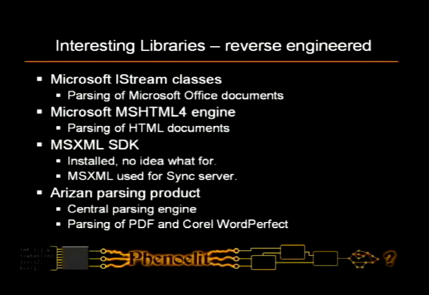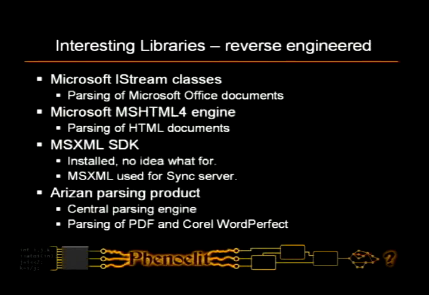Interesting libraries. You want to see what libraries they use. We went for, obviously, parsing. We went for stuff that's actually exposed to emails sent in and that operates on foreign data. So we went for the parsing, especially the attachment parsing. For parsing Office documents, they just use the IStream classes.